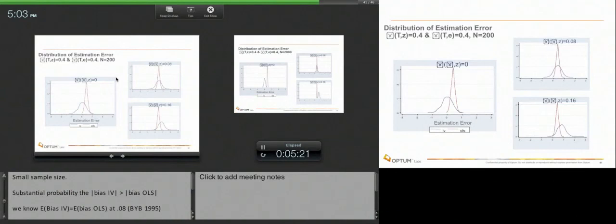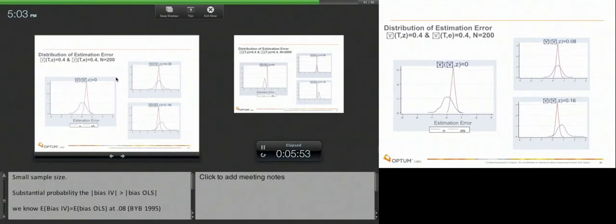Now, in this upper panel, we have an 8% residual correlation between the instrument and the error term. It's not a big correlation, but both ordinary least squares and instrumental variables are now biased.